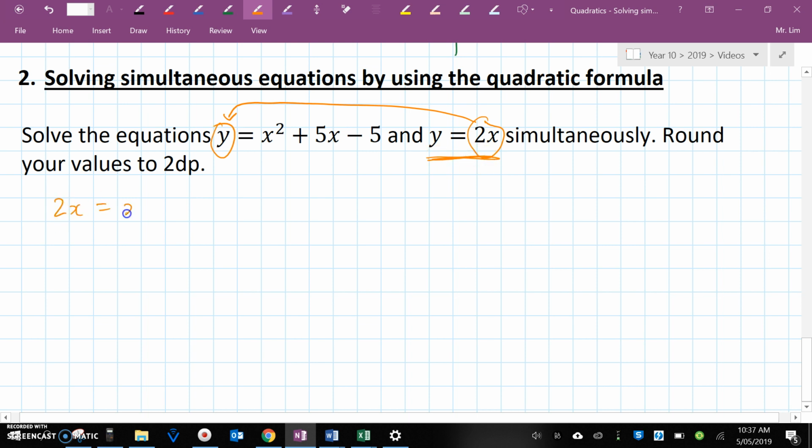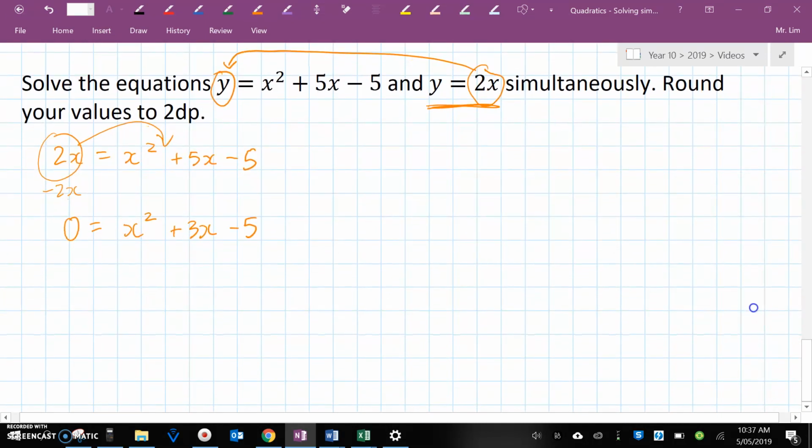2x is equal to x squared plus 5x minus 5. x squared is positive, so we're going to bring this one to that side by minusing 2x. So that leaves us with 0 on the left hand side is equal to x squared plus 3x, because 5x minus 2x is 3x, minus 5.